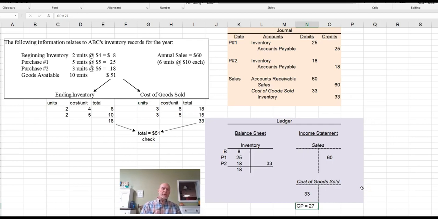Let me make the point here that these are cost flow assumptions, or another way to think about it is, we are pretending this is the order in which the product went out the door, either first in, first out, or last in, first out. We're not saying that's what it actually did. Remember, we don't know what it actually did.